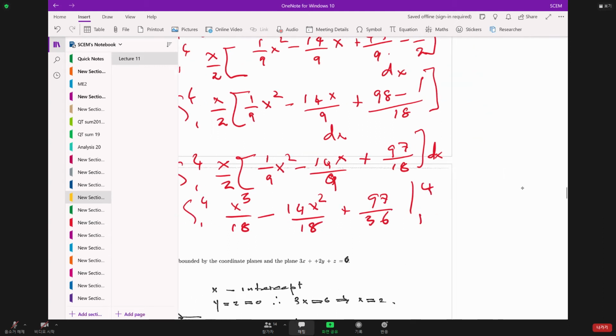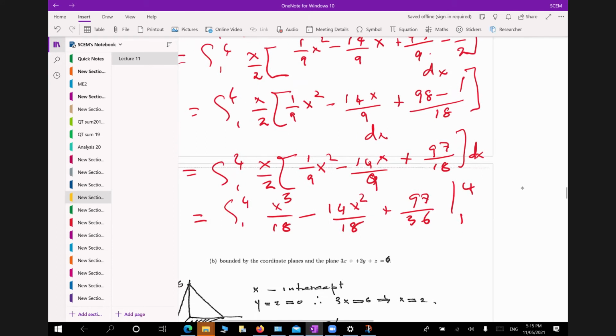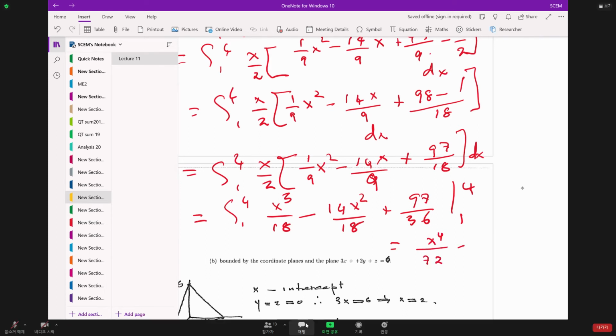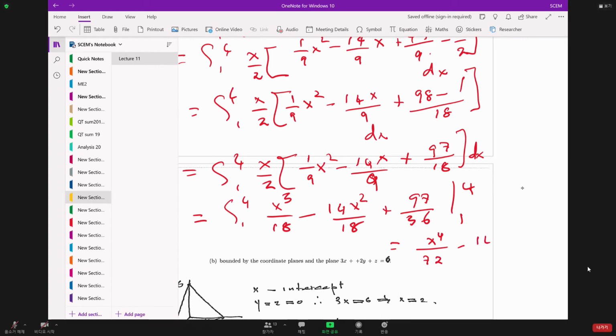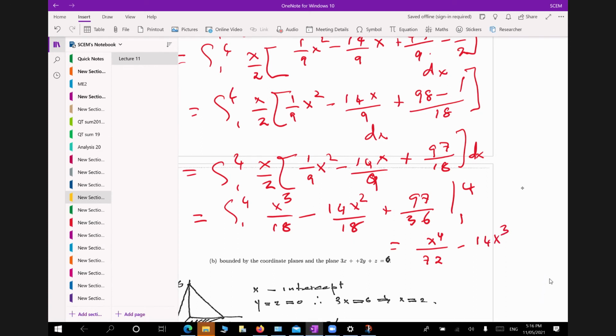If you integrate this, you get x to the power 4, then you need 4 times, that is 72, minus x cubed. So that will give me 14x cubed. You multiply by 3, so you need another 54 here. If you differentiate this, that will give me 18 there. And you have x here, so if you integrate, you get 97 over 72 x squared.